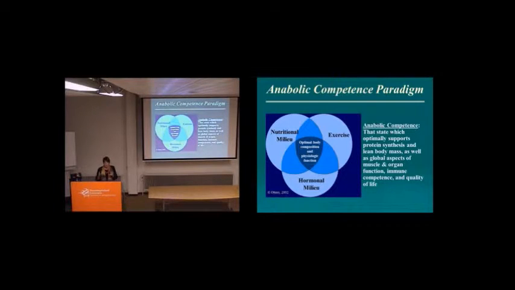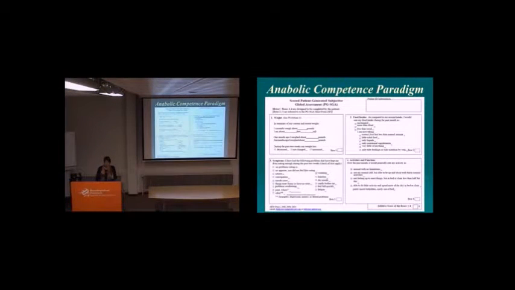So it's only when you take all 3 of those components, the Venn diagram that we all learned about a long time ago, and combine all 3 that you really get optimal body composition and physiologic function. And that's really what we want for any of our patients. And for those of you who think that healthy living and healthy nutrition is also important, it's really all the basis of that.